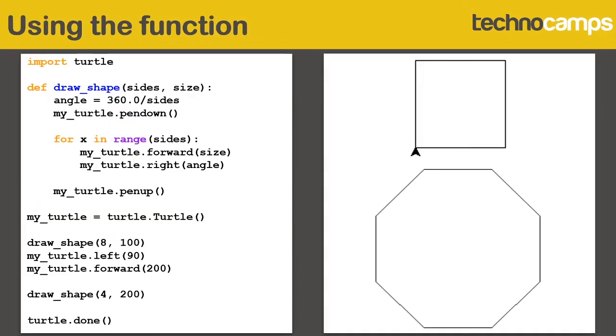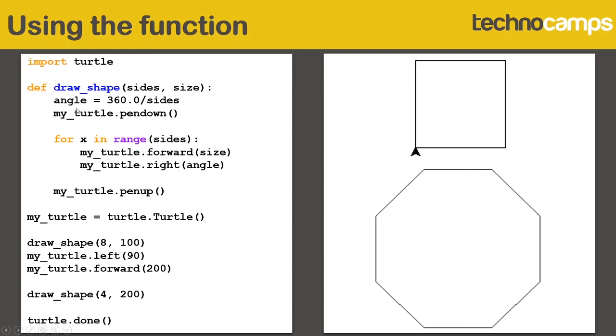In this slide, this is the completed program, which is using the draw shape function, and it's calling the function throughout the program. So initially, what do we do? We import the Turtle Python library, and then we define a draw shape. And this draw shape has two parameters, the number of sides and the size of the shape.